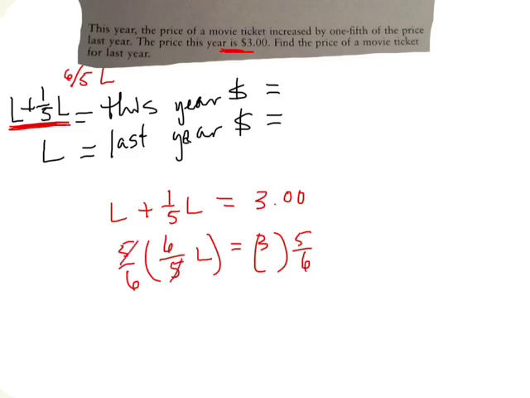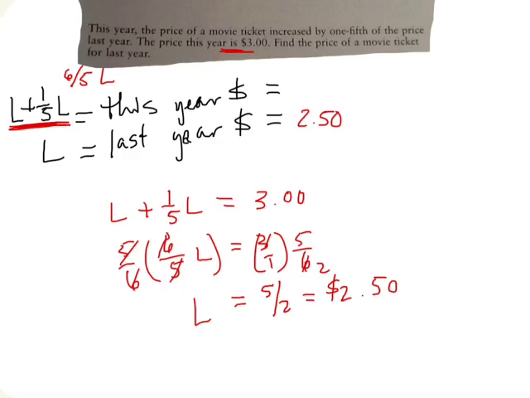So these cancel. I get L right here. This goes in there twice. So I get 5/2. Remember, we're talking about money. So we have to put this as $2.50.